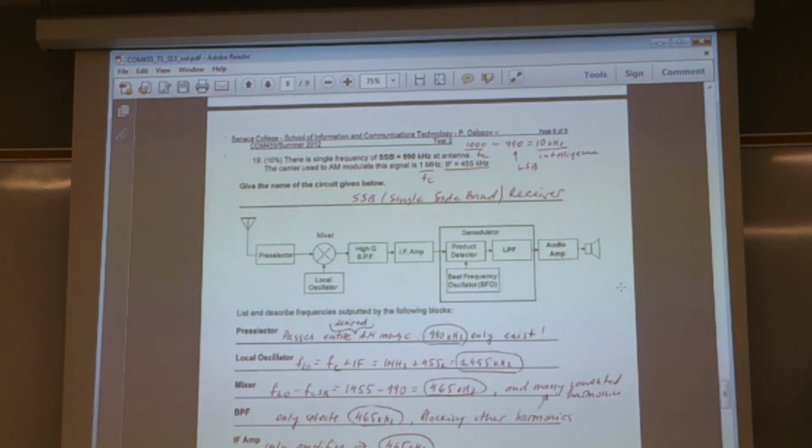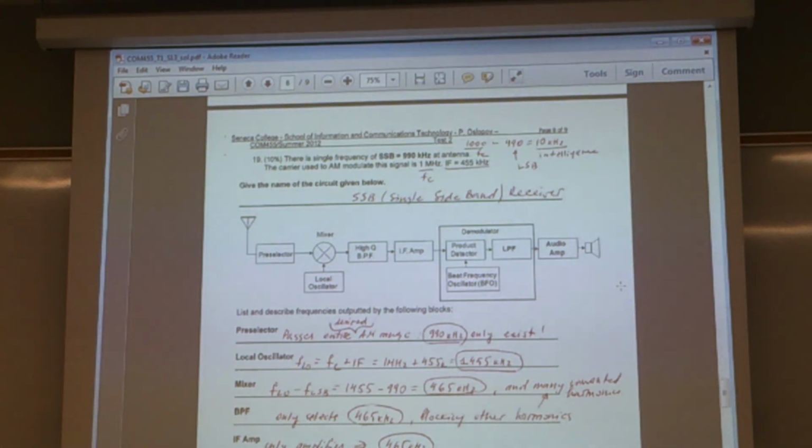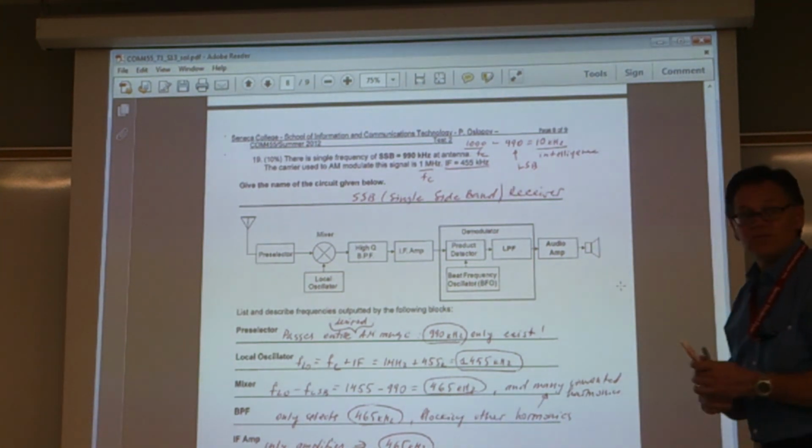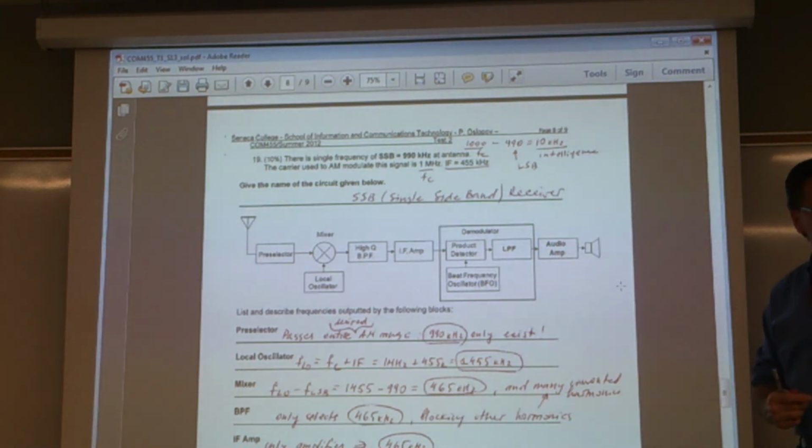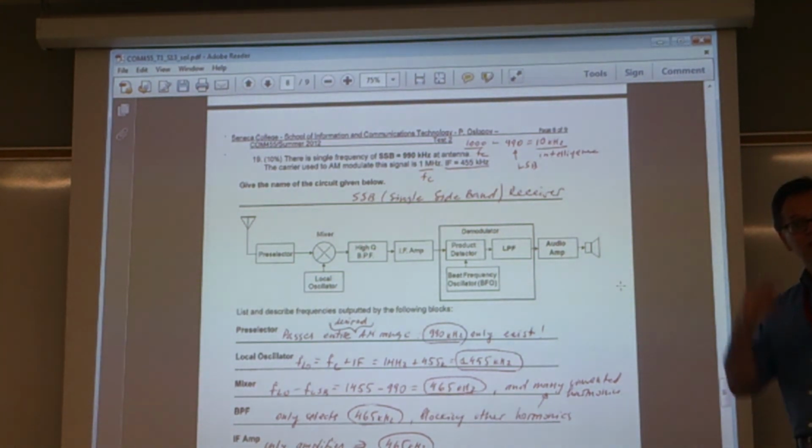That's the bandwidth. If I'm receiving this, I will receive this. Either way, that's the bandwidth of the preselector. Of course, it will always be only one, either lower or higher, and no carrier.